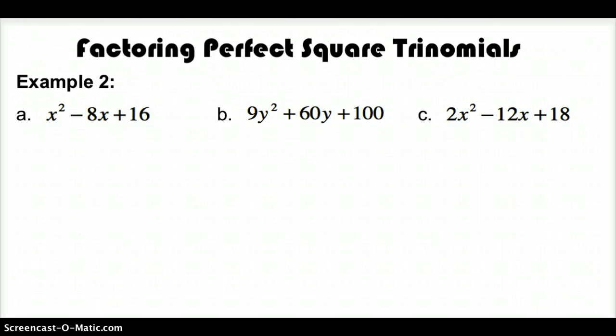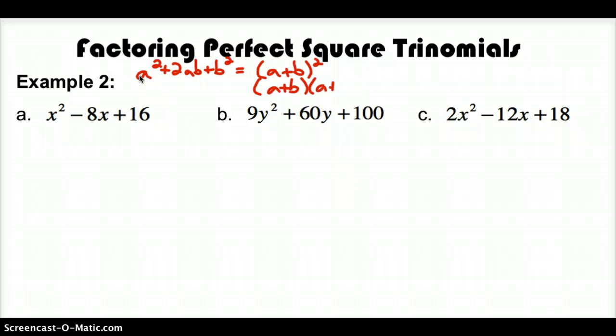Let's look at a few more examples of factoring perfect square trinomials. Remember, when we see something of the pattern a squared plus 2ab plus b squared, we can factor that to a plus b squared, or in other words, a plus b times a plus b.